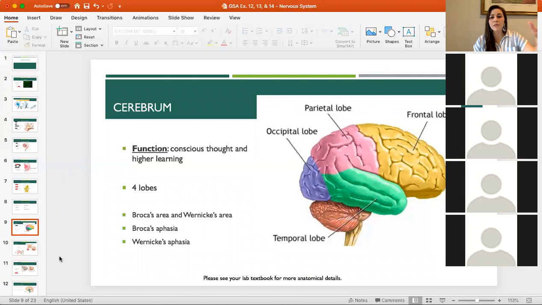Then we have a hemorrhagic stroke, in which some blood vessel in the brain has burst and there is severe uncontrolled bleeding. As a result of that burst and bleeding, some area of the brain is not getting the blood that it needs to function. So a lot of problems there.